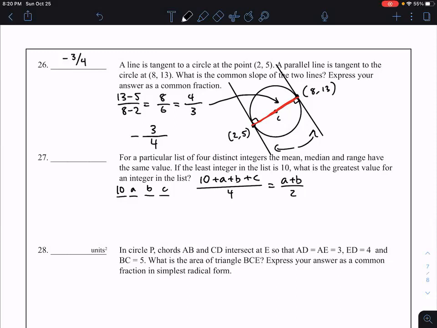So since there's an A plus B here, we can subtract A plus B over 4 from both sides to get 10 plus C over 4 is equal to A plus B over 4. So now we can see that 10 plus C is just equal to A plus B.